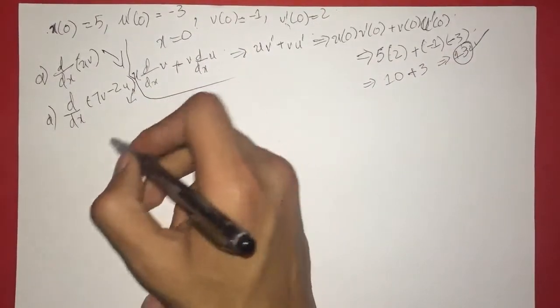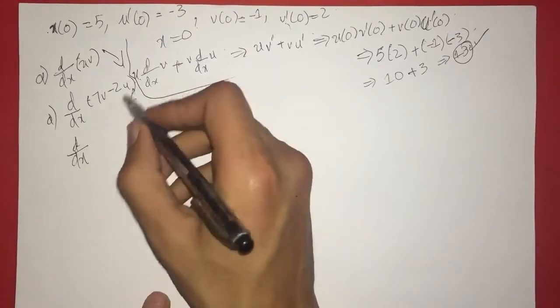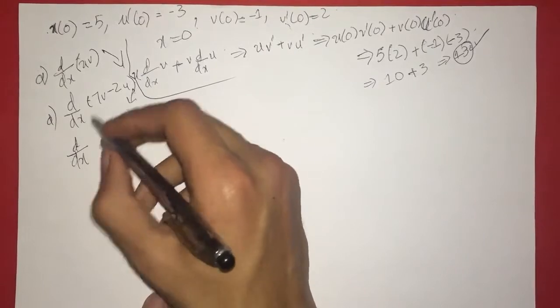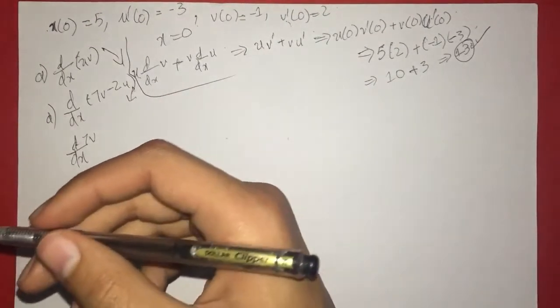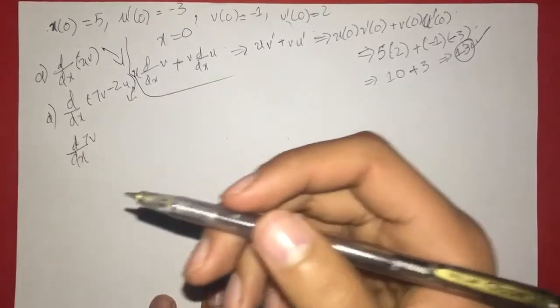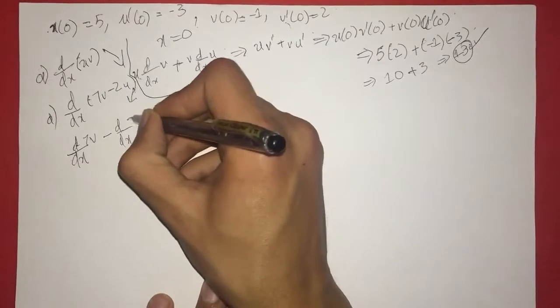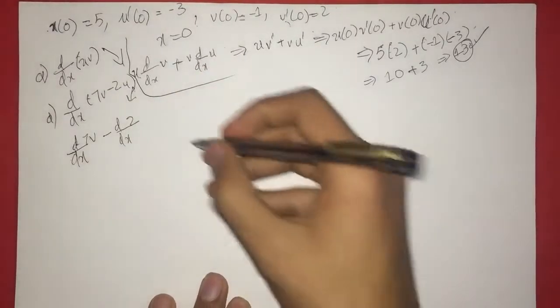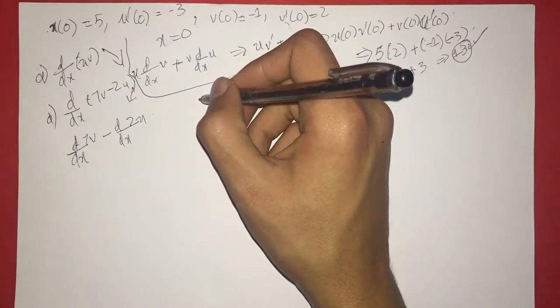So what we are going to do is to solve this by taking the derivative of first. It's subtraction. They are being subtracted. So d by dx of 7v minus d by dx of 2u.